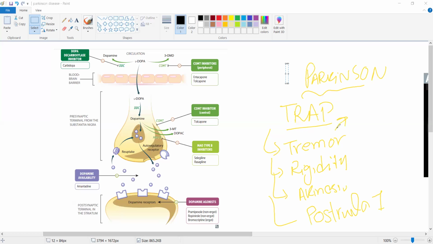So tremors in Parkinson are resting tremors. Rigidity is cogwheel or lead pipe rigidity. Akinesia or bradykinesia means the patient has a problem initiating movement, right? The patient also sometimes presents with micrographia. Micrographia is small handwriting, right?